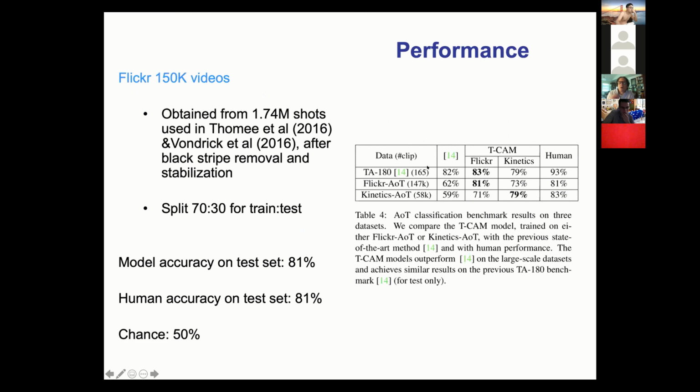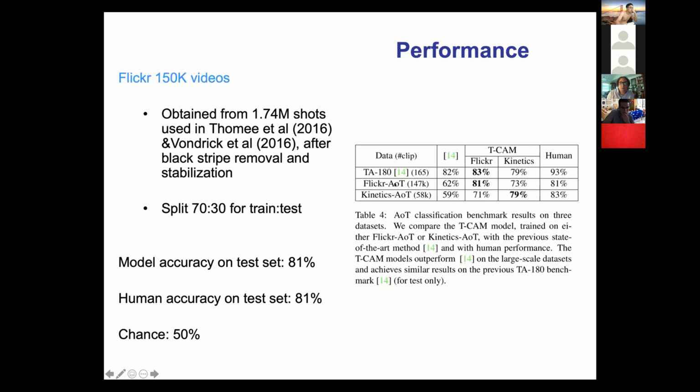It was too small for us to train our neural network algorithm on. But nonetheless, when we trained on either of these two, we got performance that was comparable to what we had training and testing on the same data set. And for comparison, humans on that data set were correct 93% of the time. The machines were correct about 82, 83% of the time.